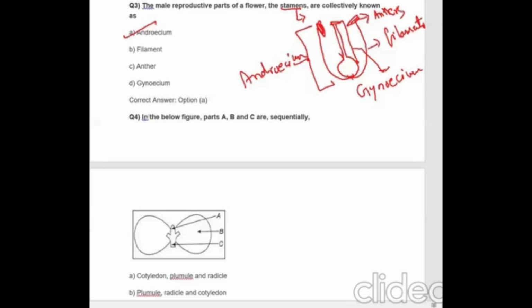Next, in the below figure, parts A, B, C are sequentially arranged. So this is the structure of a seed with cotyledons. You can see, these are two cotyledons.